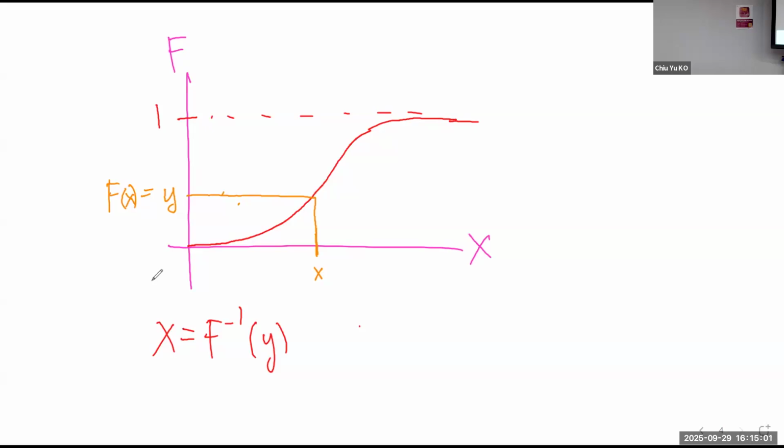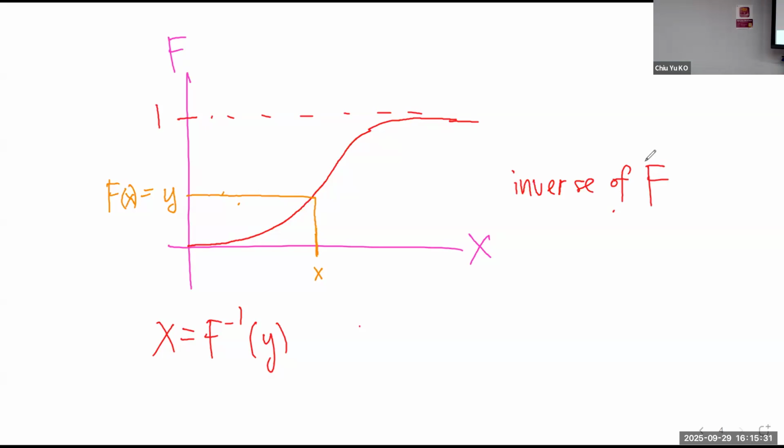But let's talk about this in more depth later, because I don't want to rush since time is already over. Make sure that you get the inverse of f. The inverse of f is: you give me a probability, and I'll give you the value such that F at that value equals that probability.